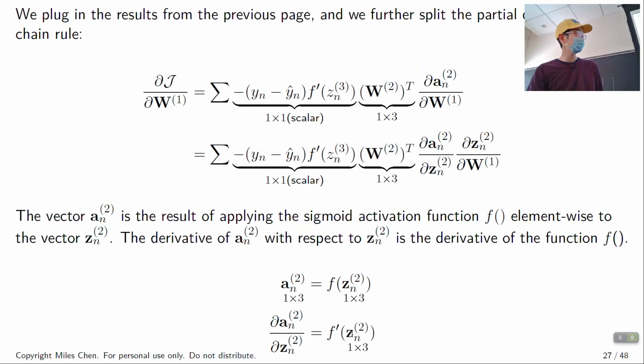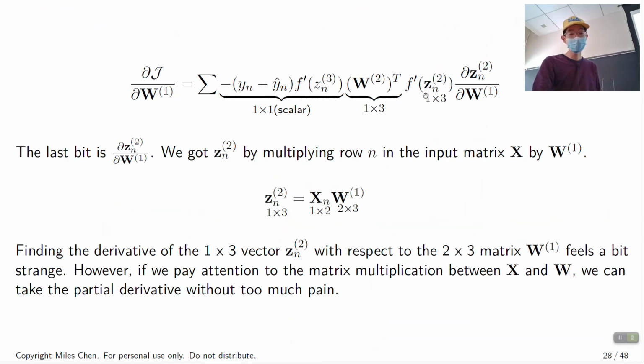This is a tiny bit more complicated because the nth row in Z2 has 3 elements in it. The Z2 matrix has n rows and 3 columns, because we have 3 elements in our hidden layer. So the nth observation is one of those rows, with three elements in it, and the result here is 1 by 3.